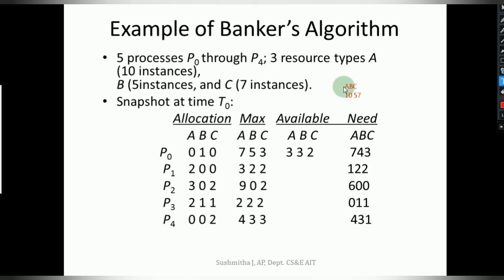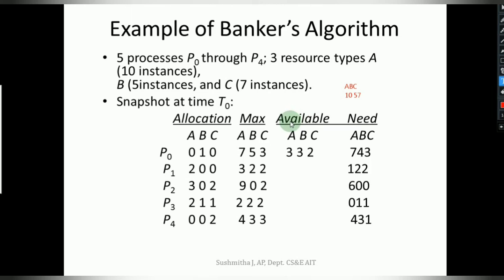So, I have 10 instances of resource type A. What do I mean by 10 instances of resource type in the system? A process can never request or require 11 instances of resource type. It will become an error. My request should always be within this limit.